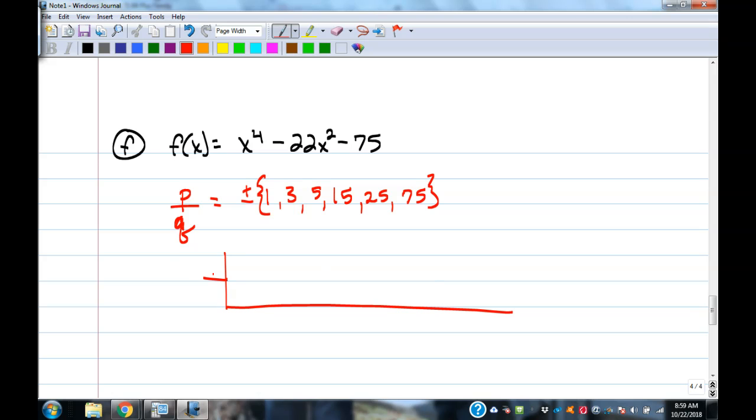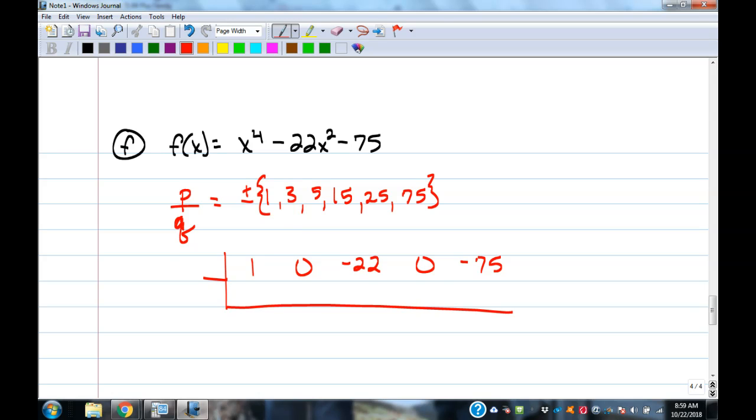How do I set up my synthetic here? 1, 0, negative 22, 0, negative 75. Be careful of that when you're doing this. If you leave those zeros out, it can really cause some problems. Won't always cause problems, but it does enough that if you miss one of them, it's usually the reason.